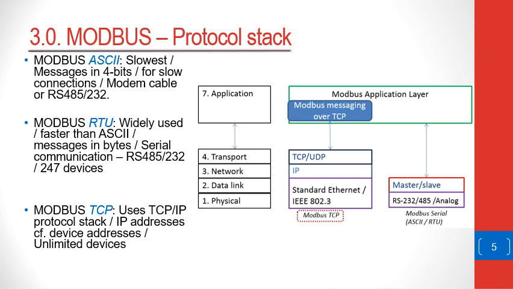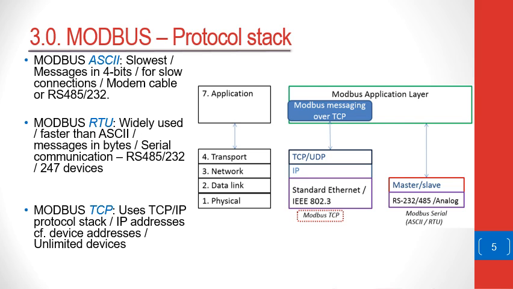Now, the difference between the three versions is that, first of all, Modbus ASCII is the slowest, and it can use an RS485 physical connection or RS232.